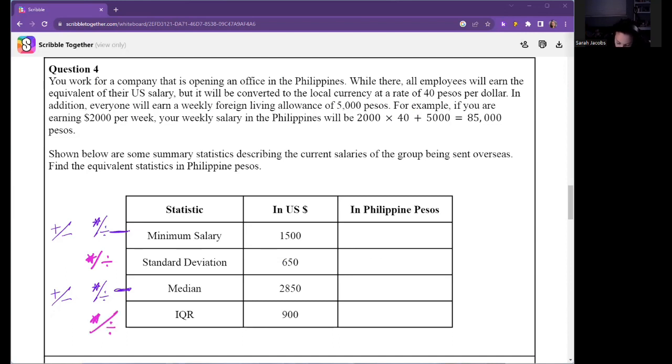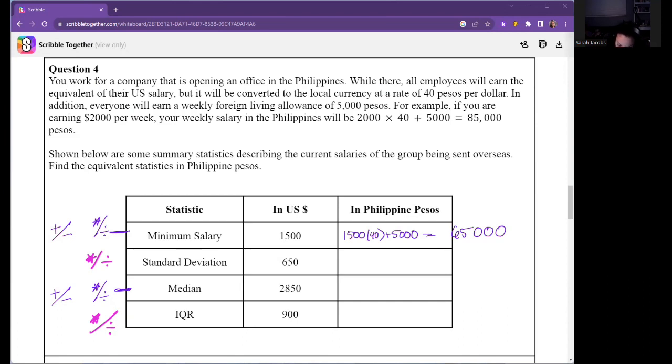So then we're basically just plugging it in with the example. For the minimum salary, we would do 1,500 times 40 plus 5,000. So that's our 65,000.